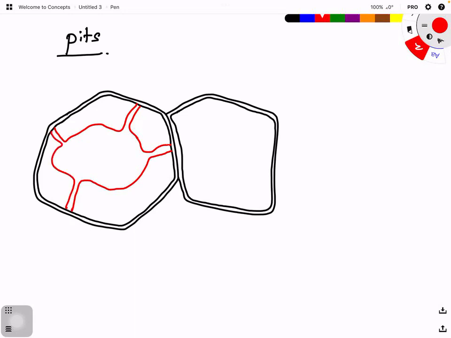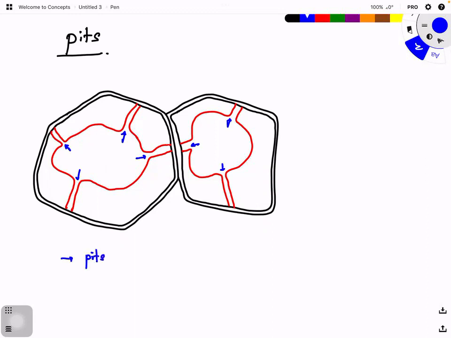Okay, but you can see that some parts of the plant cells are without the lignin. Can you see that? So those arrow parts here mean that they are without the lignin. So this blue arrow indicates what? Indicates pits.